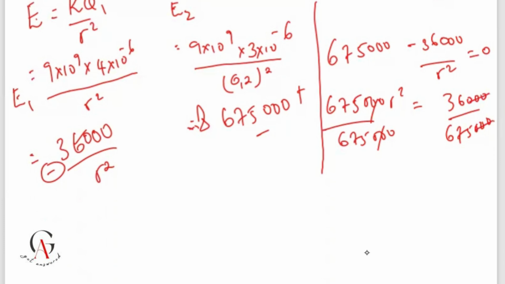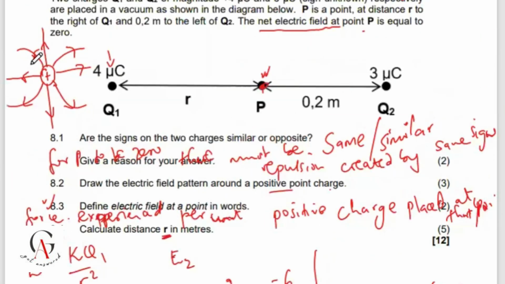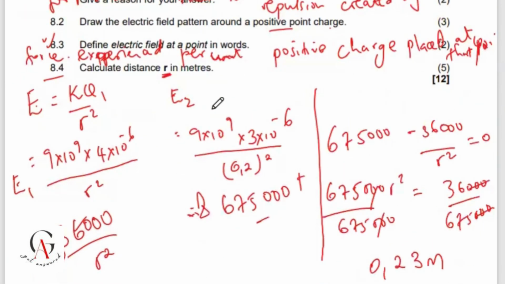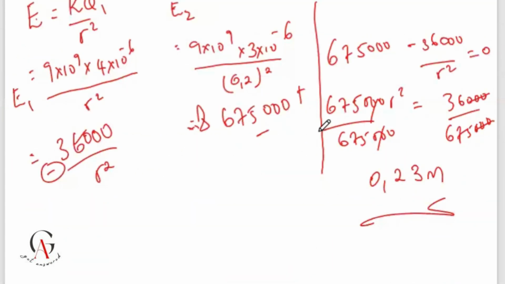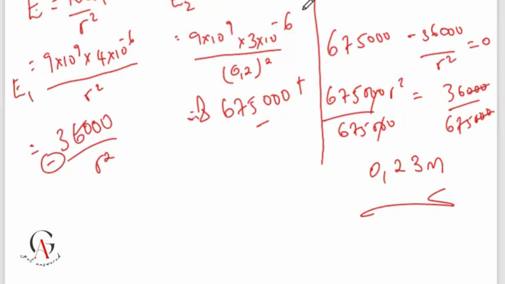So square root of 36 over 675. That gives us 0.223, so 0.23 meters. Remember, the charges are slightly different, which means even the distance must be slightly different. This was a 0.2, this is a 0.23.